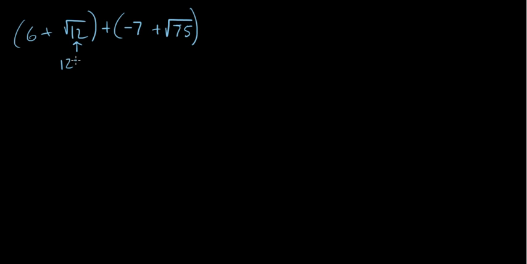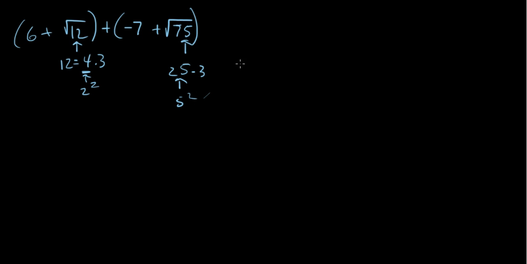And not quite though, because I got some more to do here. And we're going to add and subtract. And we're going to try 6 plus square root of 12 plus negative 7 plus the square root of 75. Now, 12 equals 4 times 3, and 4 is 2 squared. 75 is 25 times 3, and 25 is 5 squared.